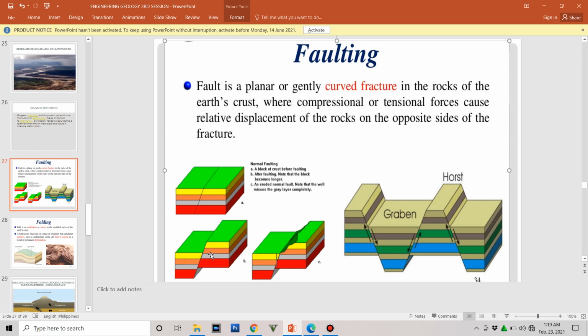Okay, and the hanging wall nakapatong sa footwall. Okay, or meron din tayong tinatawag na reverse faulting. Kapag reverse faulting, yung nakahang will tend to go up because the force is in compression.